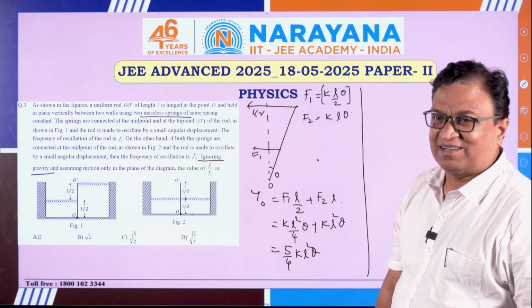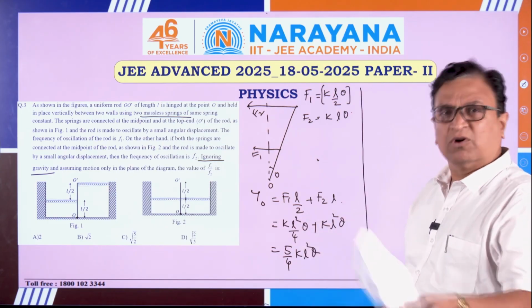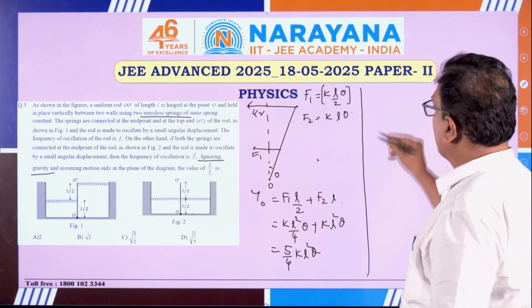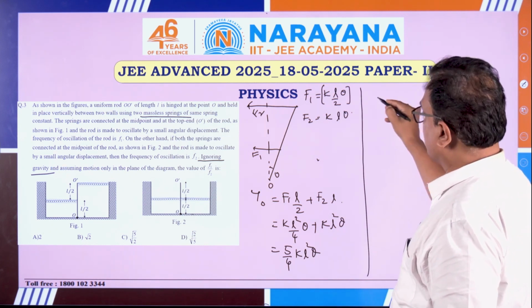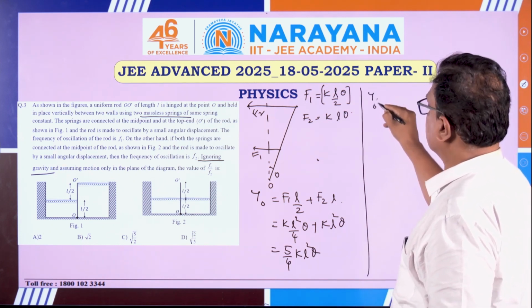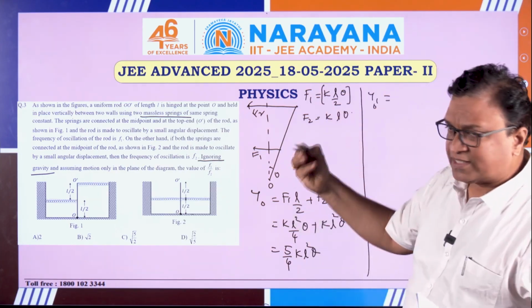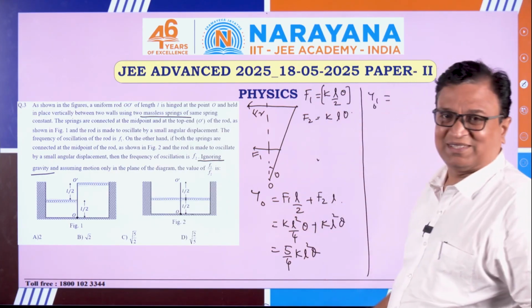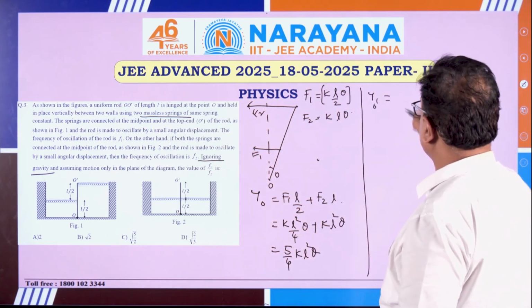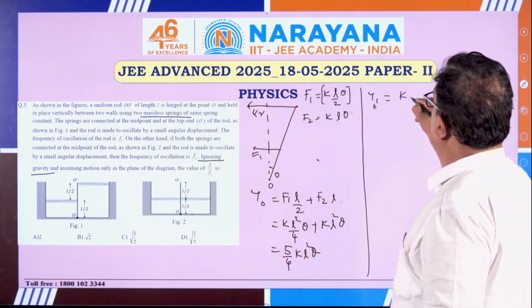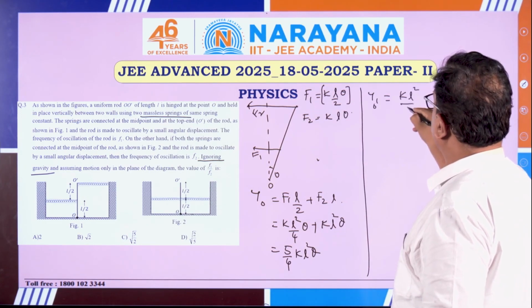Fortunately, in this set, elongation and compression both are same. So therefore, in the next case, tau O dash case, both forces are almost the same, into 2 times. So what you will have is K L square by 2 theta.